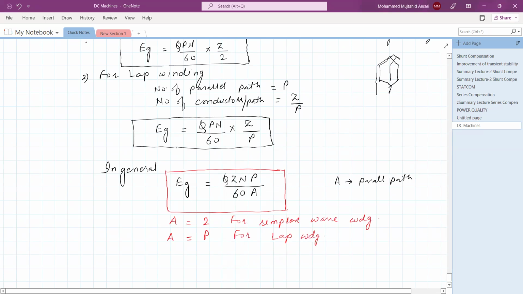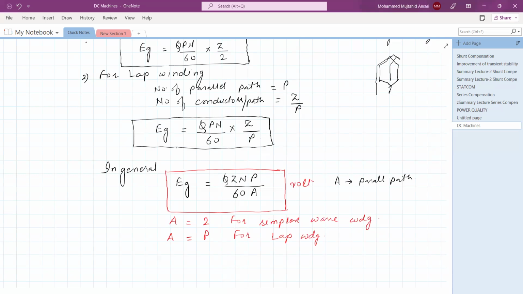So the EMF generated is equal to phi Z N P upon 60A. If it is given that it is a wave winding, put A equal to 2. And if it is a lap winding, A is equal to P. So this is the EMF equation.